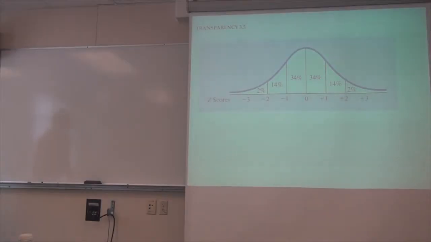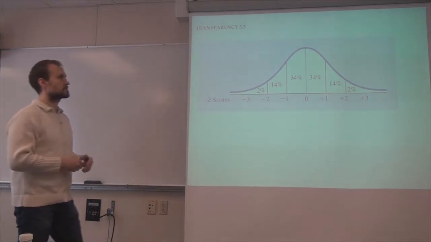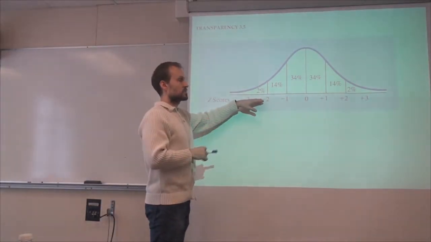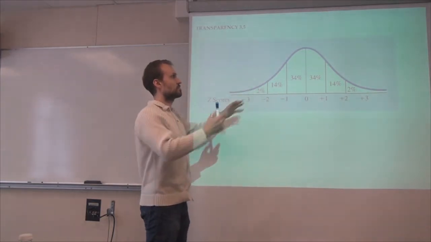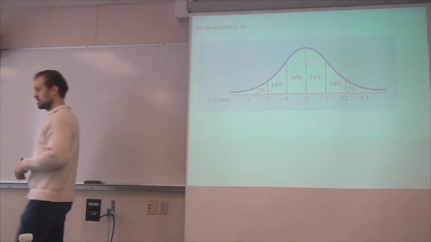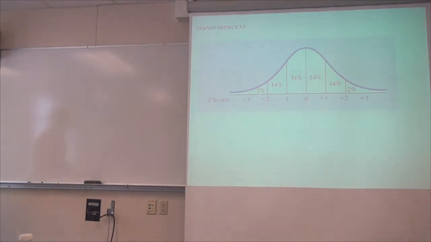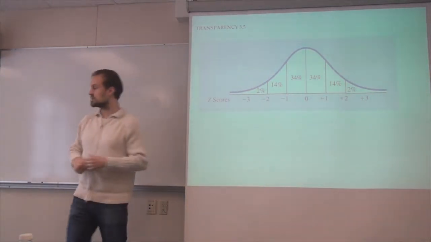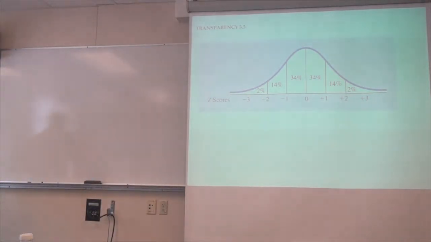So we've done the one direction where given an actual score or a z-score, what are the percentages involved, either contained between two z-scores or the tail from one z-score.